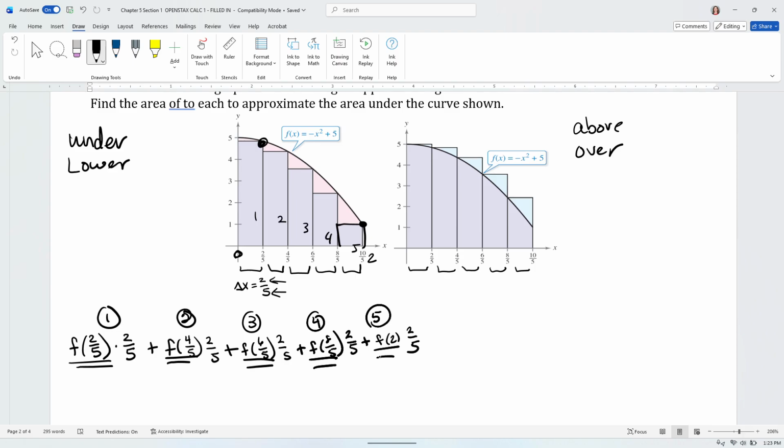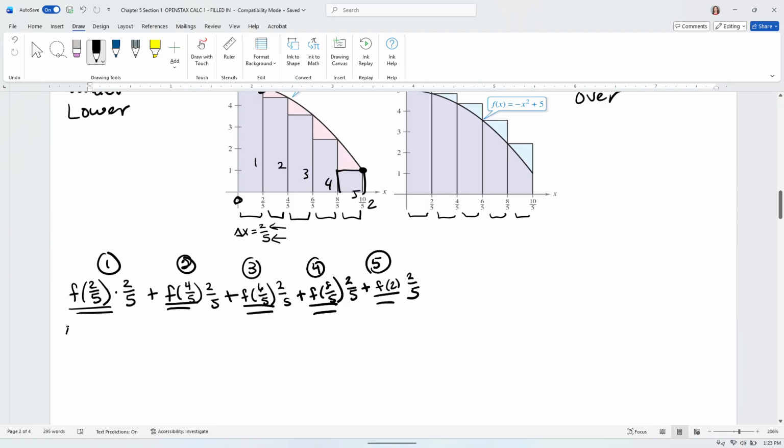Here are my heights. 4.84. 2/5 is 0.4. 4.36 times 0.4. 3.56 times 0.4. 2.44 times 0.4, and 1 times 0.4.